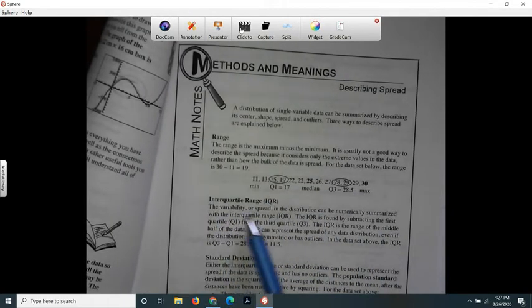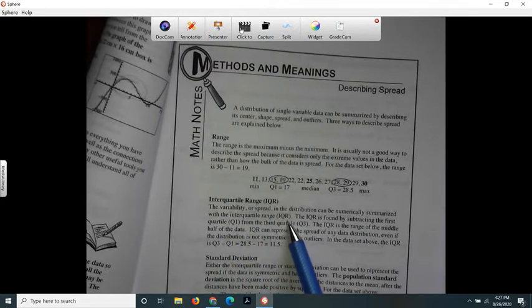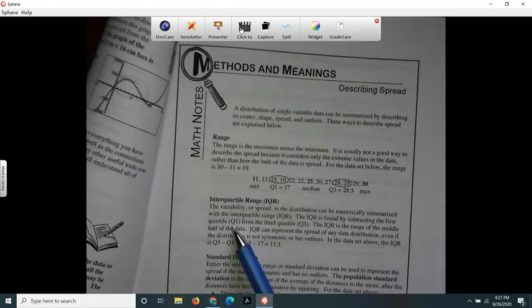The interquartile range is the variability or spread in the distribution that can be numerically summarized with the IQR. You can find the IQR by subtracting the first quartile from the third quartile.